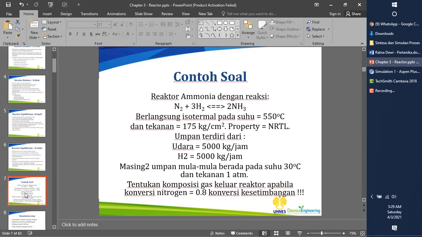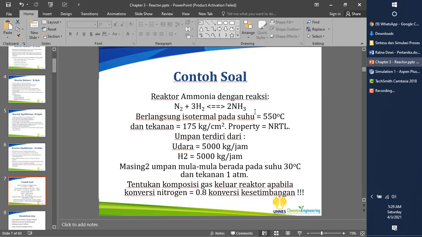This one is the example. I have an ammonia reactor here. This is the reaction when 1 mole of nitrogen reacts with 3 moles of hydrogen. It will form 2 moles of ammonia, and the reaction is forward and backward, so it must have an equilibrium conversion.